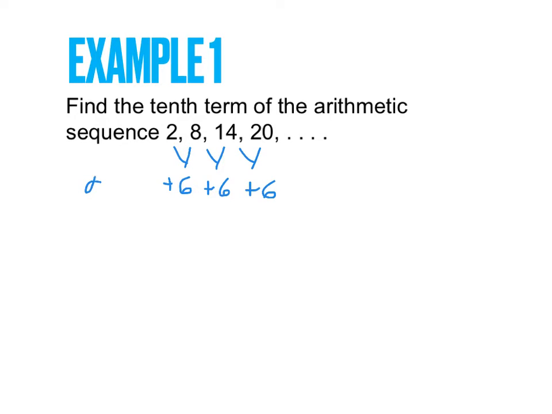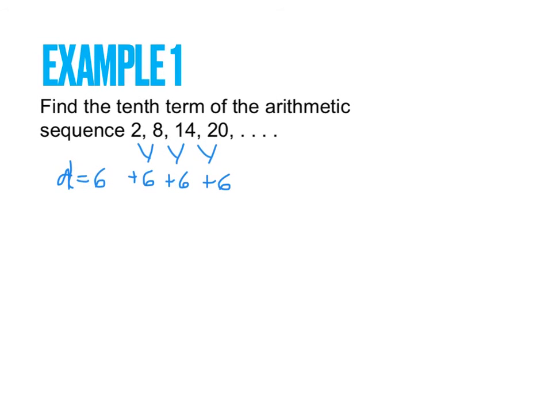So D is going to be equal to 6. I'm going to write our formula over here. We have A of n is equal to A plus n minus 1 times D.